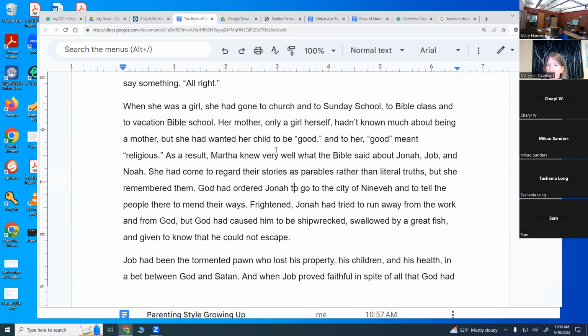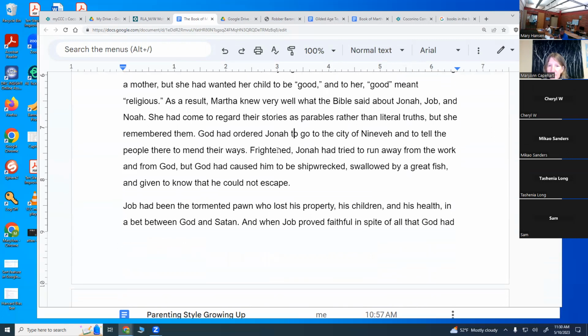We're at the part where she's talking about Jonah and the whale or the fish. And then next is Job. All these bad things happen to Job. It's crazy. Like everything bad happens to him. So, yeah, go in. Oh, go ahead.